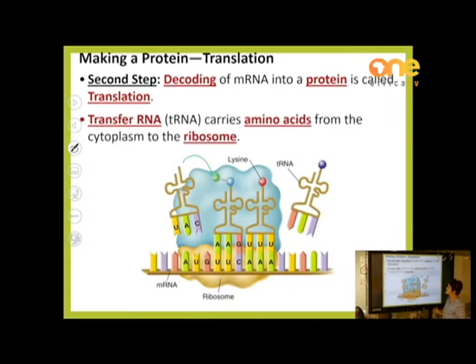The transfer RNA carries amino acids from the cytoplasm to the ribosome. It will attach to a specific 3. These specific 3 will be called a codon of mRNA attached to an anticodon on the tRNA.